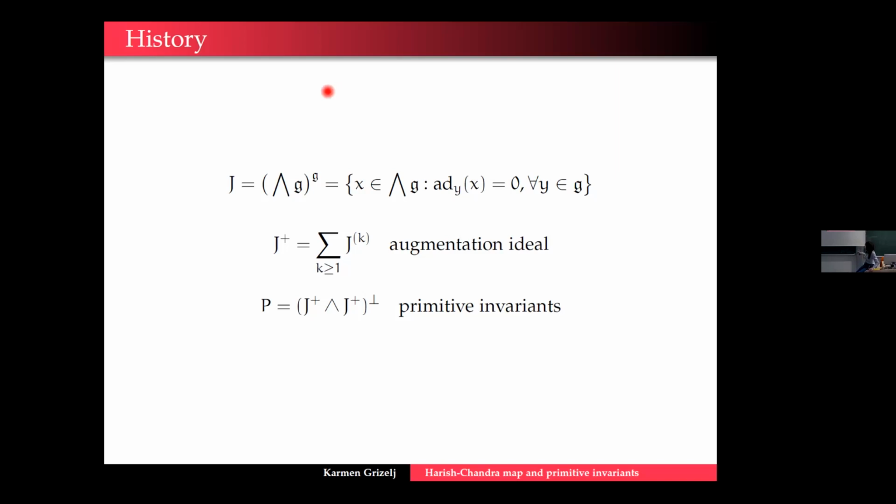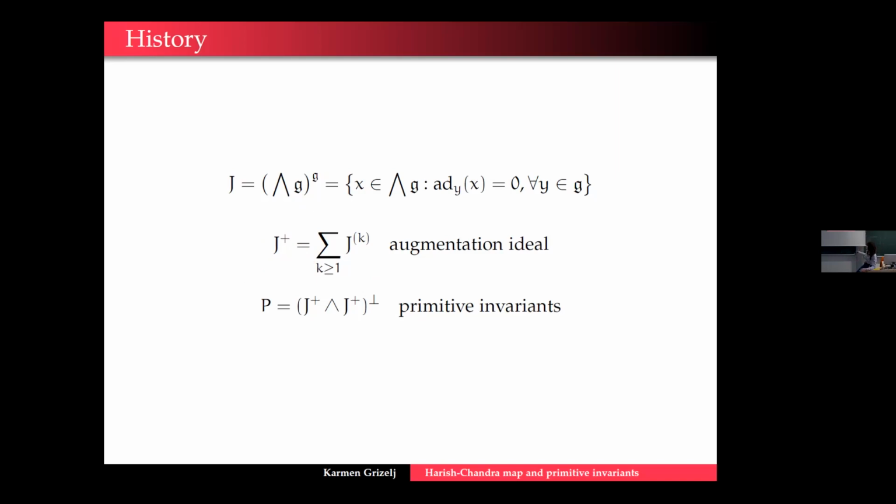So what you do is just consider elements in here that don't have a constant term. In general, something like that would be called the augmentation ideal. Or maybe you've seen the augmentation map, which just gives you the constant term. So this would be just the kernel of the augmentation map.